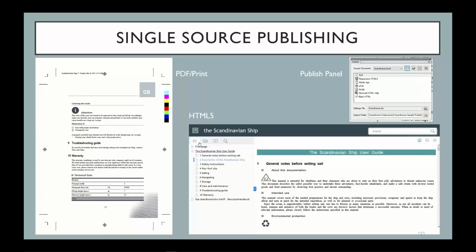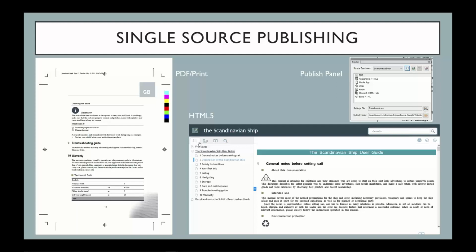So when the template has been created, it's supposed to work in multiple ways. It's supposed to work as a PDF and print, and that is accomplished using a settings file. FrameMaker has a settings file called an STS file, which can be accessed through a publishing panel.